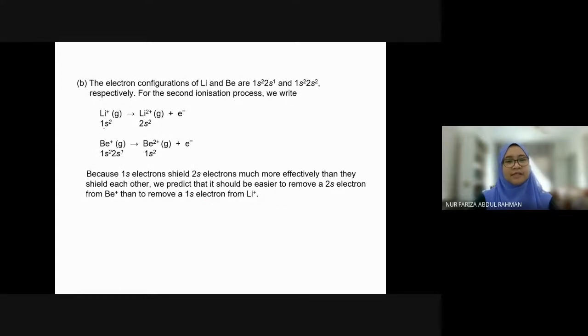Okay, this one dia mention in terms of electron configuration. Tapi saya siap tunjuk the orbital diagram. Okay, alright. So 1s2. So the more electron being removed, especially from the inner orbitals, that means the lithium plus becoming lithium.